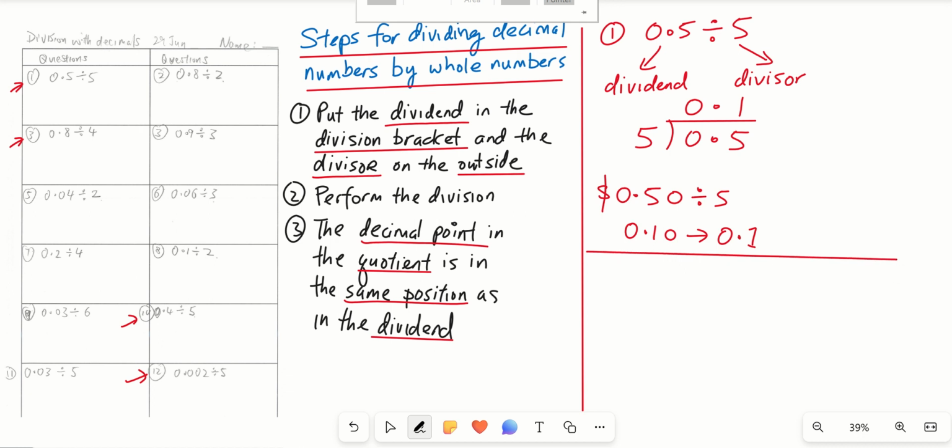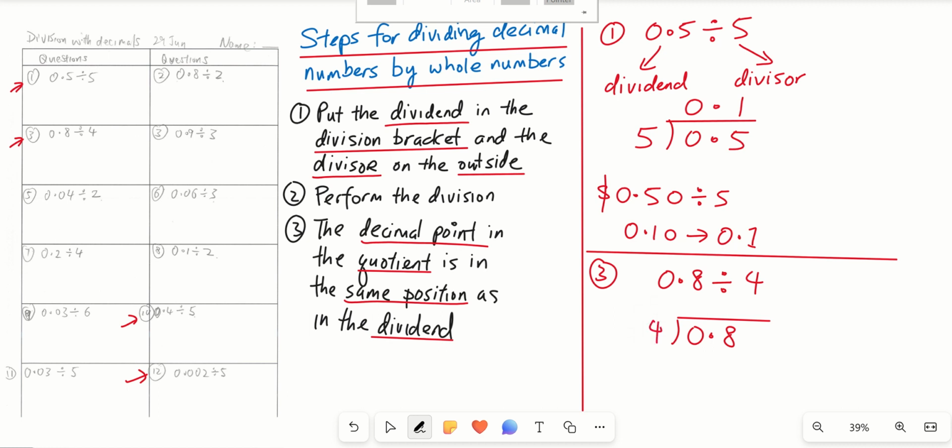Let's take a look at another example. Let's take a look at example 3. In example 3, we have 0.8 divided by 4. Again, we put the dividend 0.8 inside the division bracket, and we put the divisor on the outside.